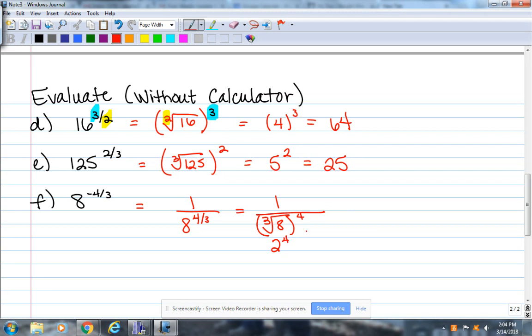So this is 2 to the 4th power in the denominator. So what is 2 to the 4th power? 16. So it's 1 over 16. So if you have a negative exponent, just stick it in the denominator and then evaluate your powers down there. Okay? So you do the root and then you raise it to the exponent.